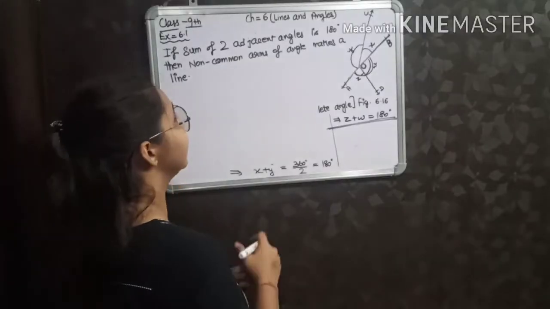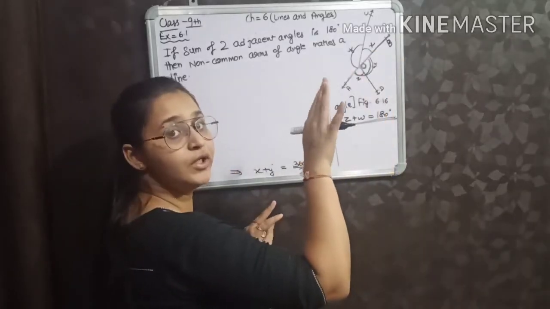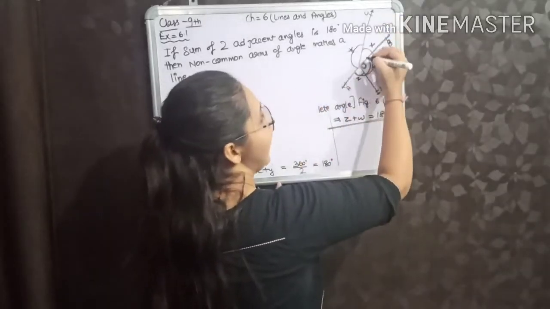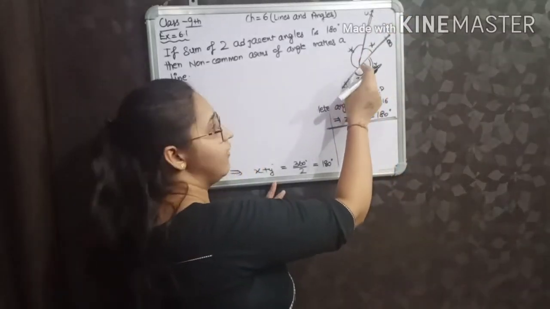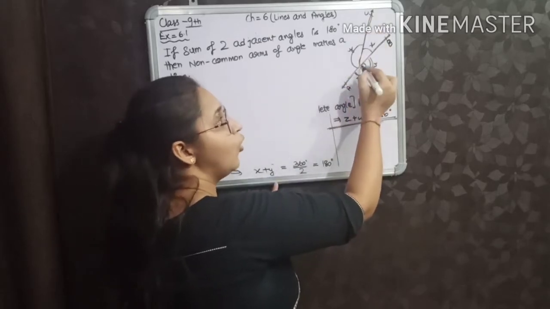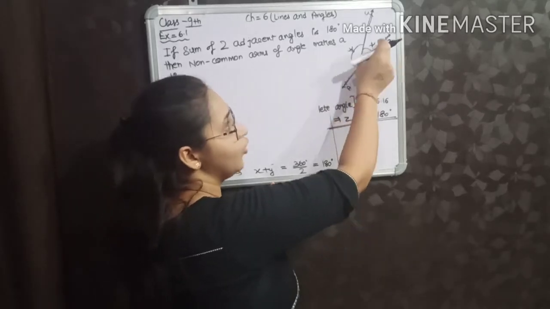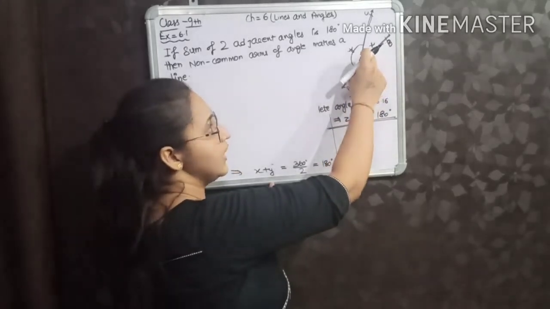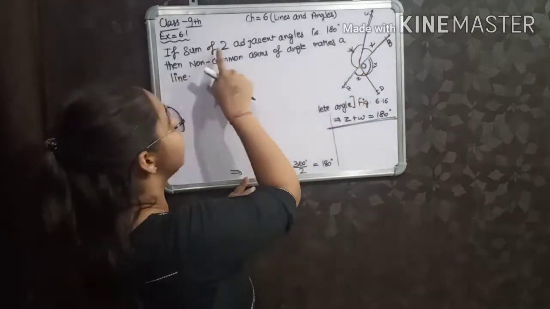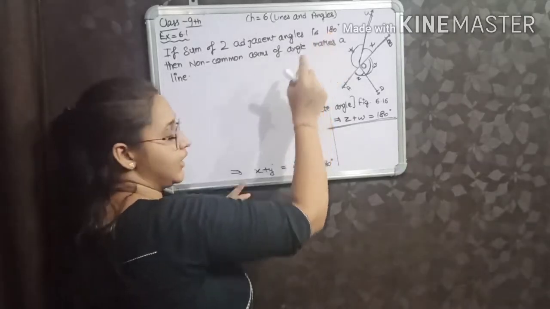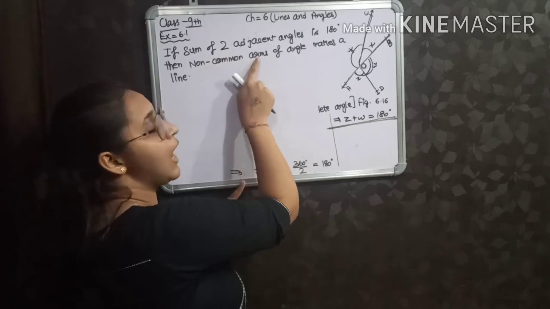Now what are adjacent angles? Adjacent angles are those pair of angles which have a common arm. For angle x and angle y, OC is the common arm, O is the common vertex, and the other two arms, that is OA and OB, are on opposite sides. So angle x and angle y make a pair of adjacent angles. Now if the sum of two adjacent angles is 180 degrees, we have x plus y equal to 180 degrees, then the non-common arms make a line.